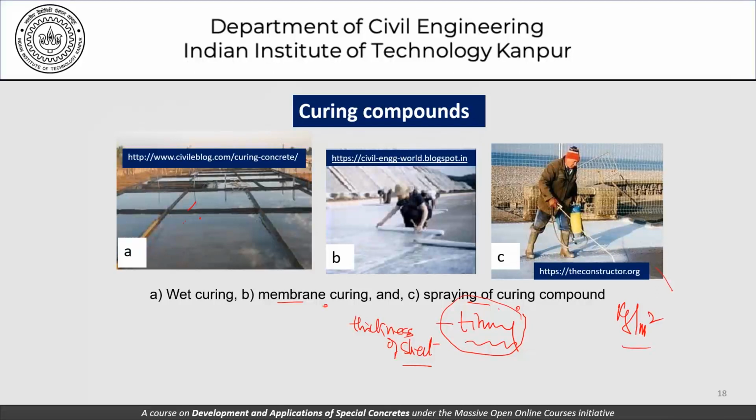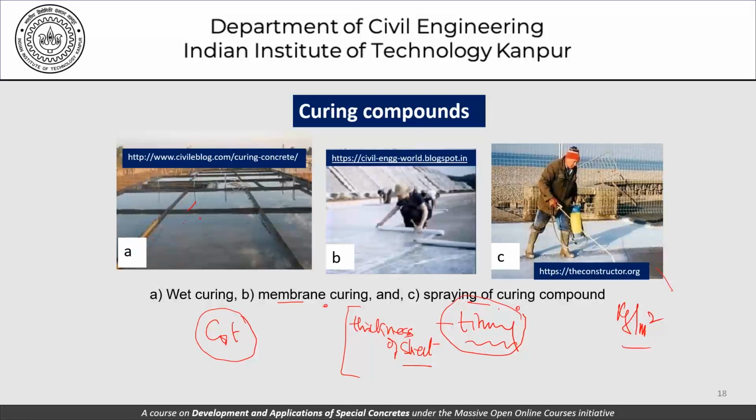So these things are more easily told in a lecture, but when it comes to actual practice, things are a lot more involved. I would encourage you to look at the details of the sheets that are available for membrane curing, or the kind of curing compounds that are available, and also their costs. Because at the end of it, the cost is a very important factor in determining which of the methods will be used for curing.